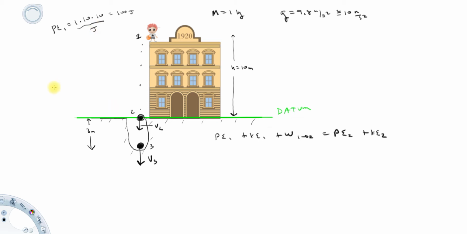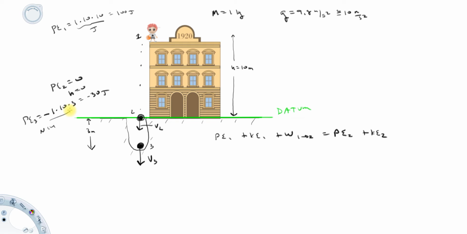The potential energy at 2 is 0, because the height is equal to 0. Potential energy at 3 is, we're down below the datum, so it's minus 1 kilogram times 10 meters per second squared times 3 meters. This ends up being minus 30 joules. Again, I'm just going to put NCU for note consistent units here.